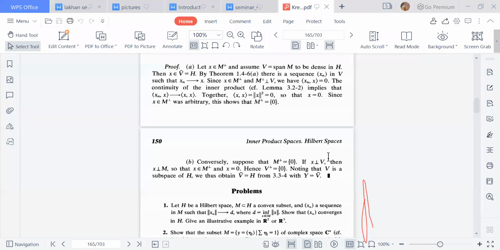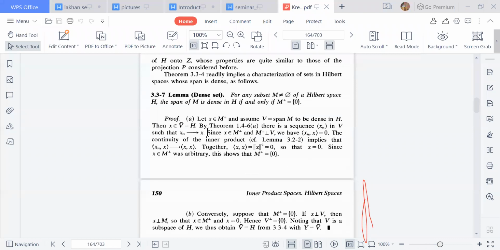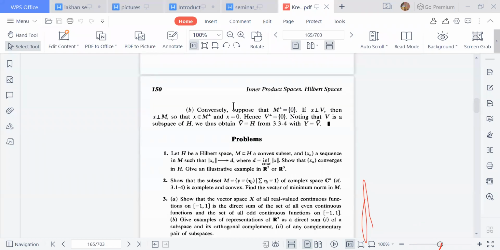If X is orthogonal to V, then X is orthogonal to M. Span of M is V. We show that V is dense in capital H. M is a subset of Hilbert space capital H. X is orthogonal to M, so X belongs to the orthogonal complement of M, and X is equal to 0 because the orthogonal complement of M contains only 0 element.